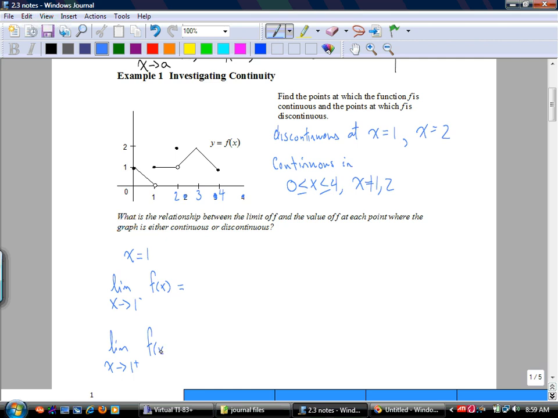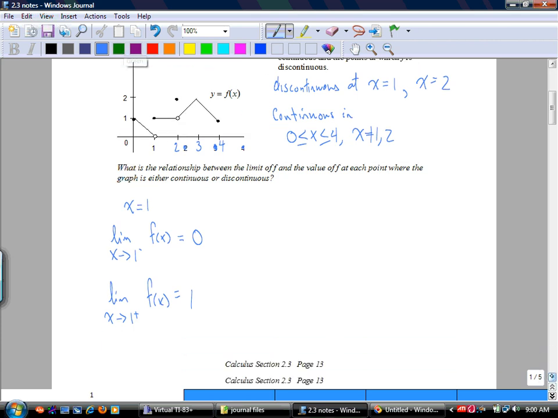Tell me what f of x is. As x approaches 1 from the left, you would say it's 0. As x approaches 1 from the right, you would say it's 1. So you would say about the point, the limit as x approaches 1 does not exist.